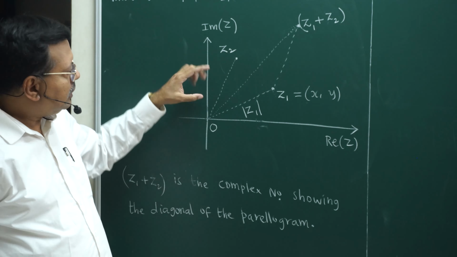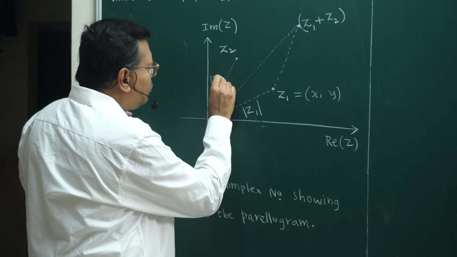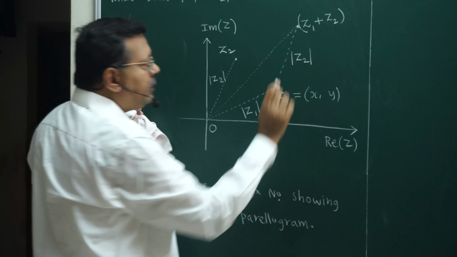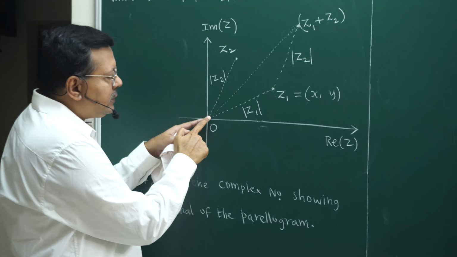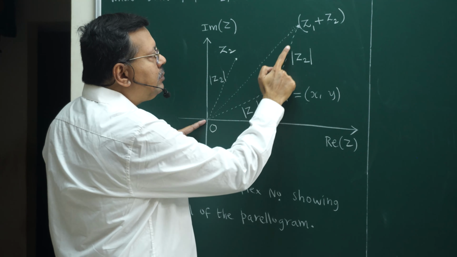Now you tell me what is this length? This length is Z2. If this is Z2, then this length is mod of Z2. So if this is modulus of Z2, then that is also modulus of Z2. Is this point clear? So this distance is modulus of Z1, that distance is modulus of Z2. Then what is this distance? It is modulus of that.